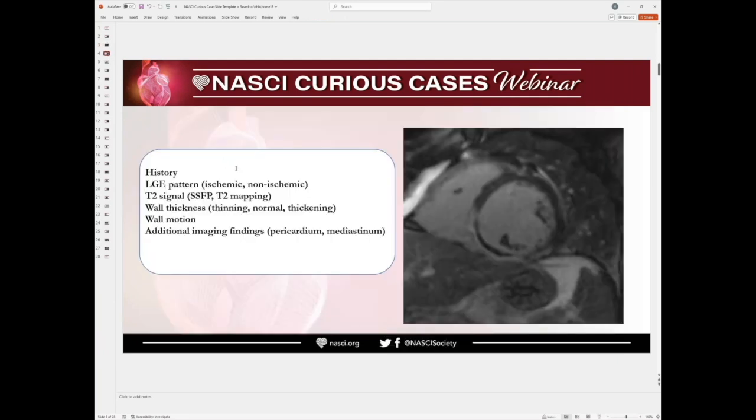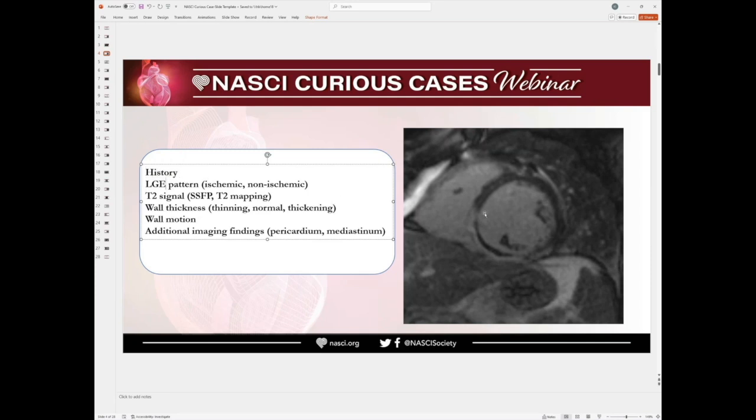Whenever we see delayed enhancement, when it is infarct, it's easy. When it's non-ischemic type delayed enhancement, usually you need to dig into the history a bit. So I usually tell our residents or fellows, whenever you see it, if it is infarct, it's straightforward. If it is not infarct, go to the history, see what's going on with the patient, what they are concerned about. And then the second thing, look at the LGE pattern.